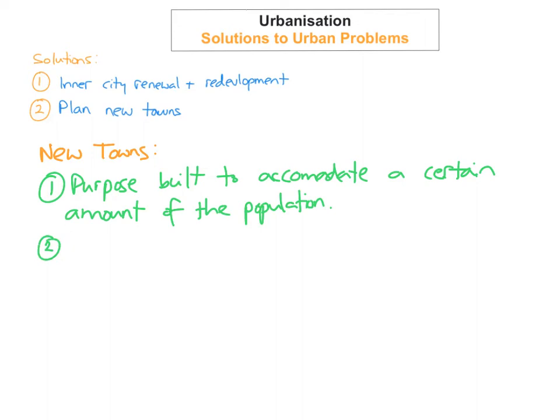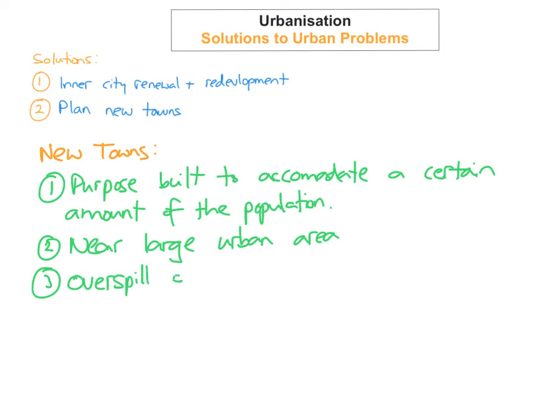Usually they're located near large urban areas. And the reason why they're located near large urban areas is because they act as overspill towns. So the city is overspilling, so they act as an overspill of the city.